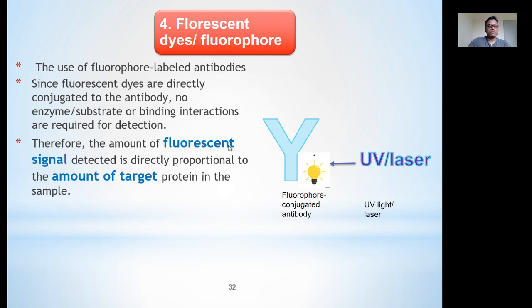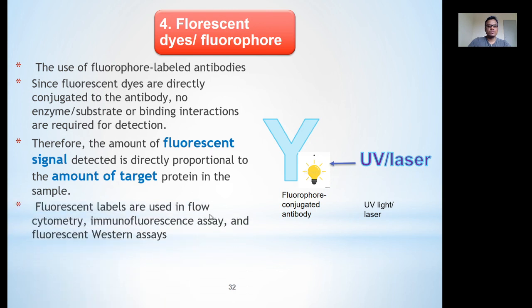Therefore, the amount of fluorescent signal detected is directly proportional to the amount of target protein in the sample. So this method can also be used to quantitate the amount of target protein, antigen or analyte that we are testing.